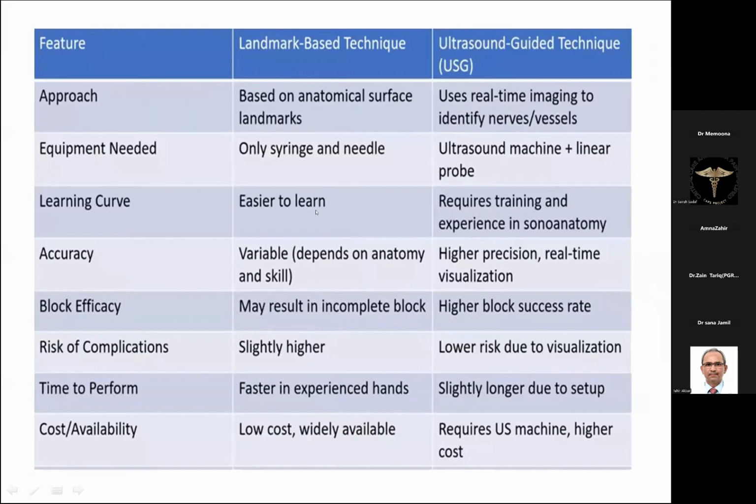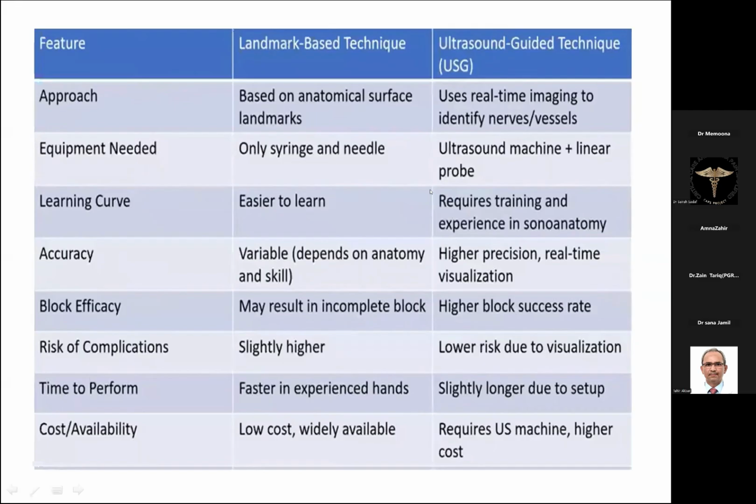However, the accuracy is variable depending partly on the anatomical variations, but mostly on the skill and experience of the clinician. The risk of complications is slightly higher when compared to the ultrasound-guided technique. However, in experienced hands, the landmark-based technique is much faster to perform.